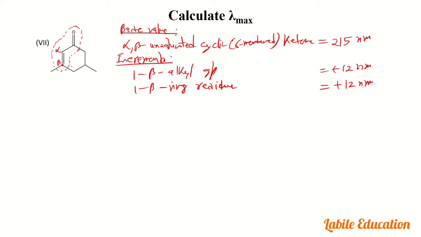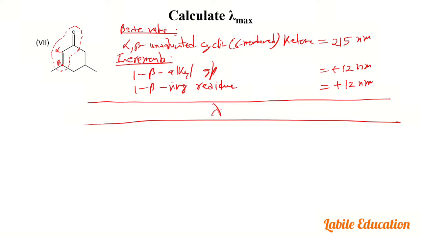There is nothing else, as this alkyl group is not on the conjugated system, and there is no exocyclic double bond. Now we can sum them up. Lambda max, calculated in ethanol, will be 215 plus 12 plus 12, total 239 nanometer.